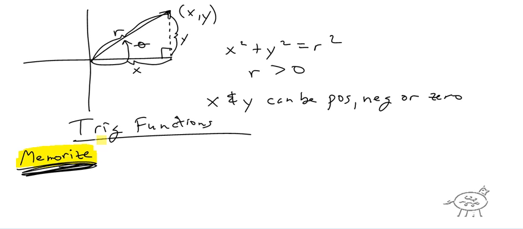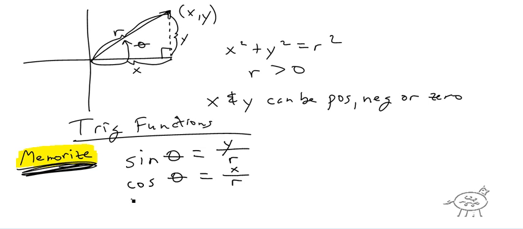You've got to memorize that. All right, the first one is sine of theta is equal to y over r. The cosine of theta is equal to x over r. And the tangent of theta is equal to y over x.